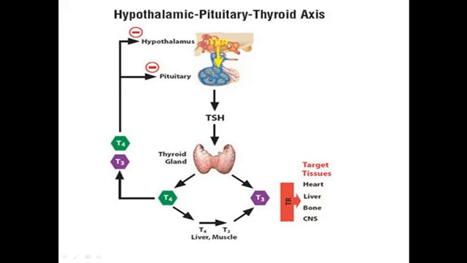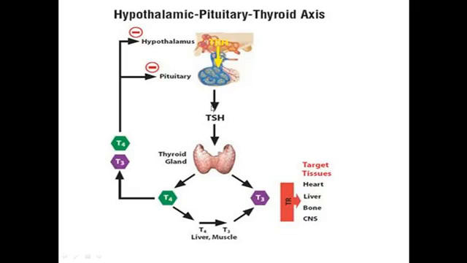On the stimulation of TRH, anterior pituitary will release TSH, thyroid stimulating hormone, and TSH will act on thyroid gland, and in this way it will synthesize T4, T3, thyroxine and triiodothyronine. T4 also may be converted into T3, and in the tissue mainly T3 is functioning.